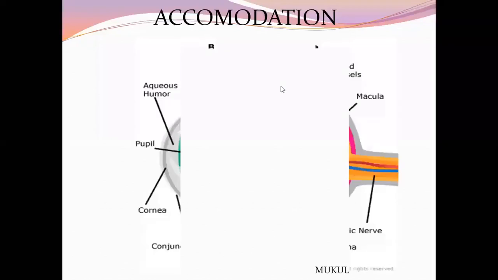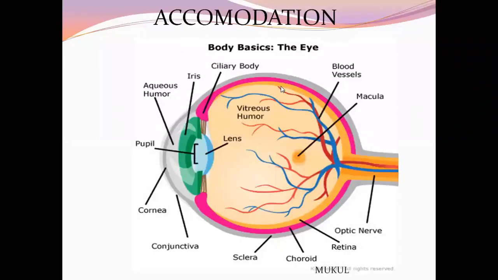For that, we have a picture here of the human eye. If you see the picture, these are the ciliary muscles which are attached with the eye lens. When the object is placed near the eye lens, these ciliary muscles contract.